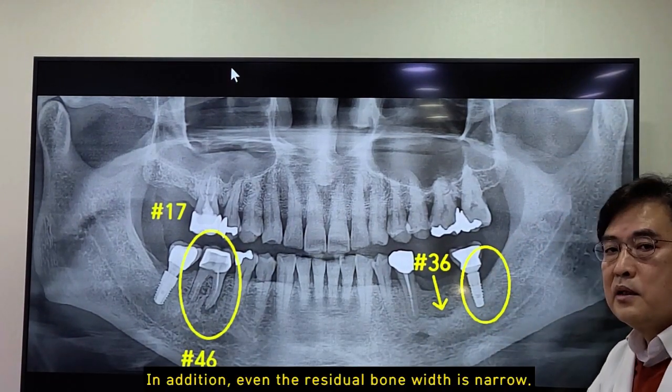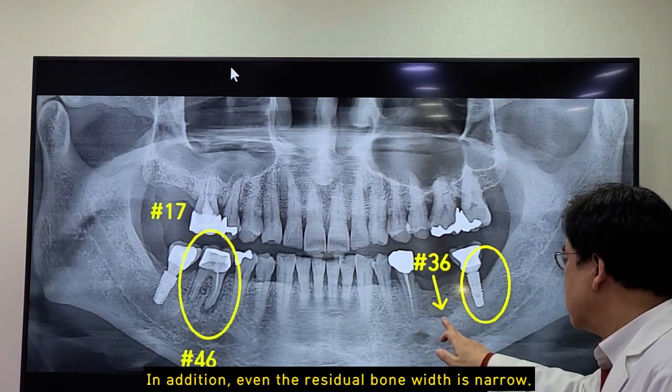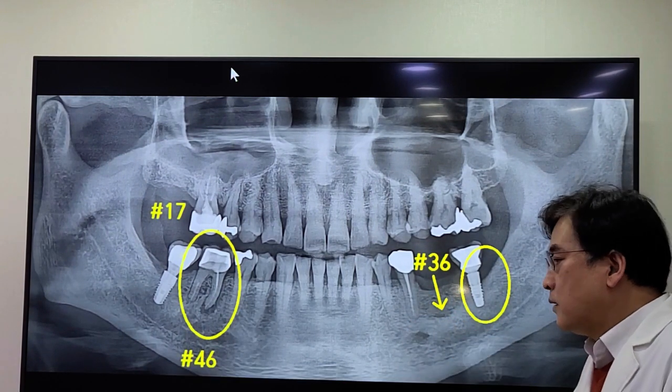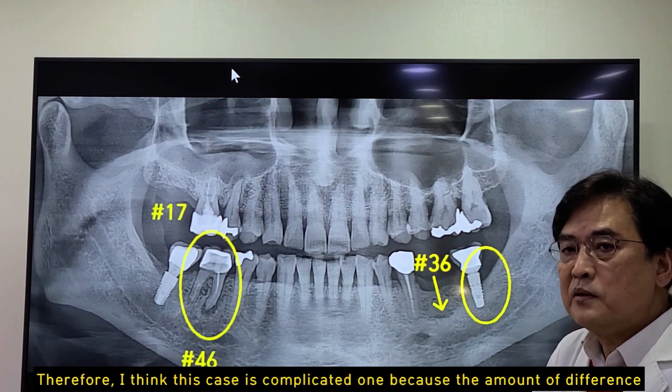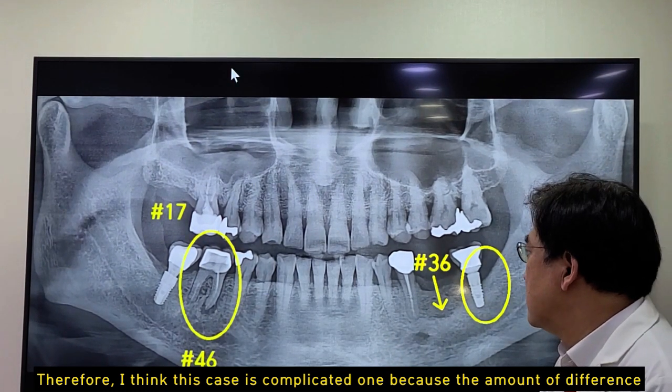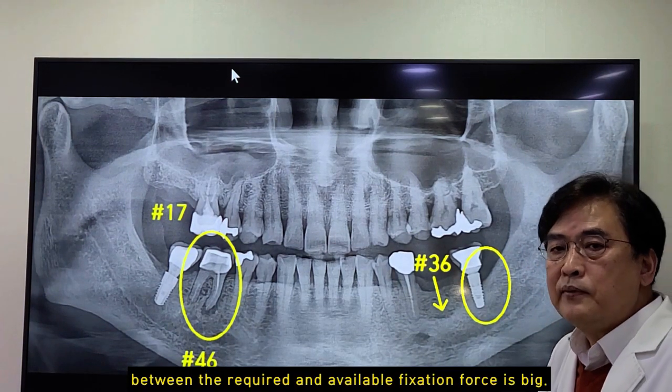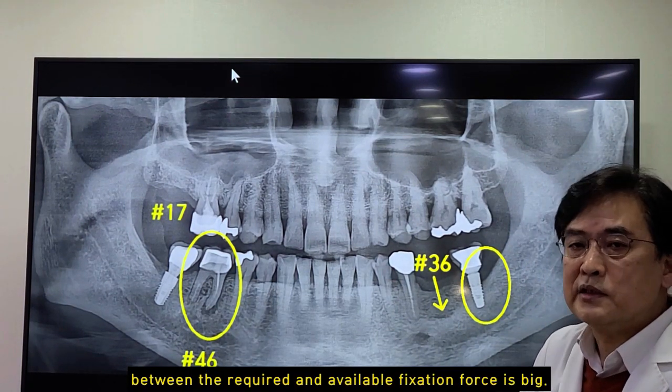In addition, even the residual bone width is narrow. Therefore, I think this is a complicated case because the difference between required and available fixation force is big.